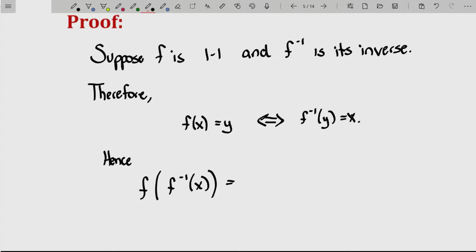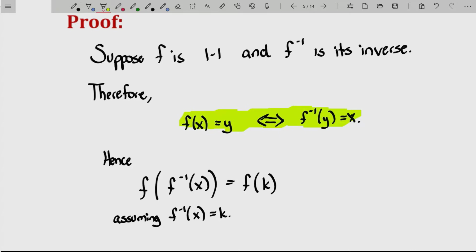So I'm going to say, let's suppose that f inverse of x is equal to k. Well, then if I assume that f inverse of x is equal to k, by the actual definition that we have, this definition right here, if f inverse of x, you have to pay attention to the lettering here. That's an x right now, and that's a k right now. If f inverse of x is equal to k, then by definition, f of k is equal to x.